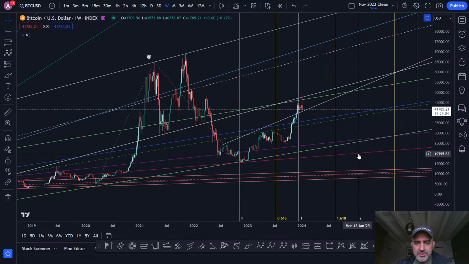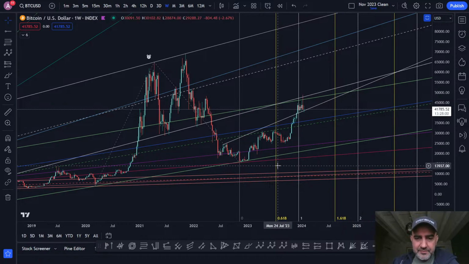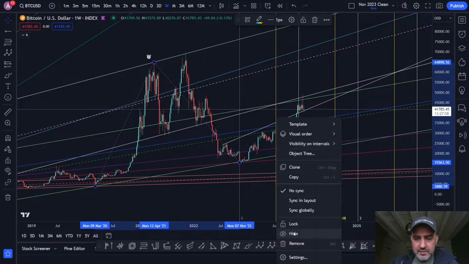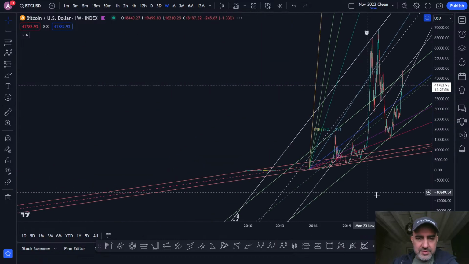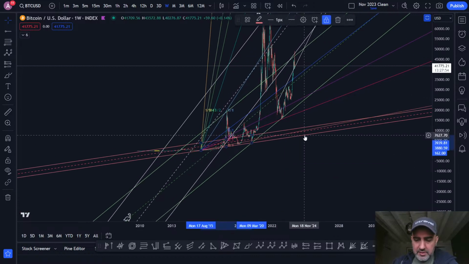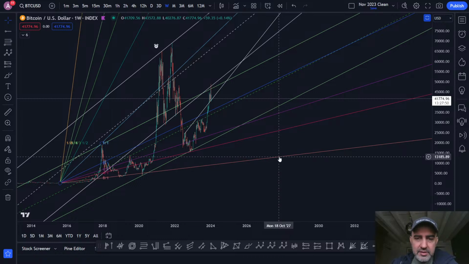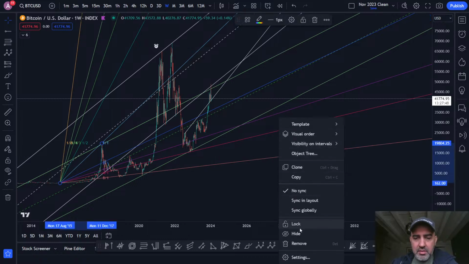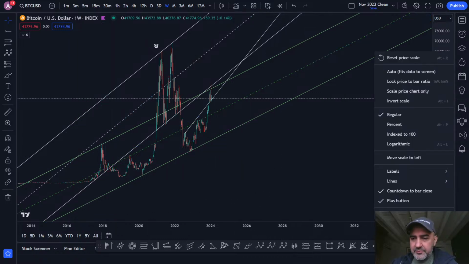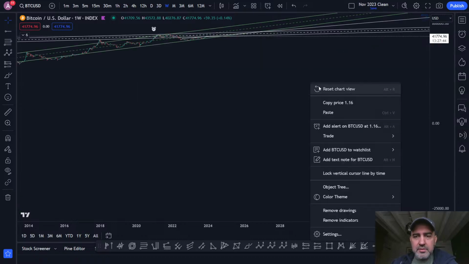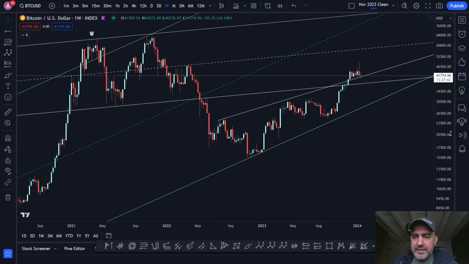Ooh, got too many lines. Let me get rid of some of them. I don't want that. What is this? Get rid of that. Scan. We can hide that. Let's put it back on log. That's better.